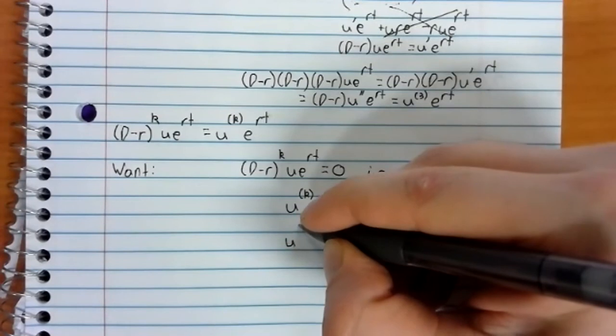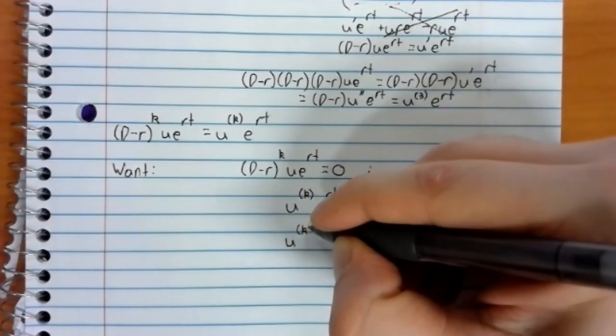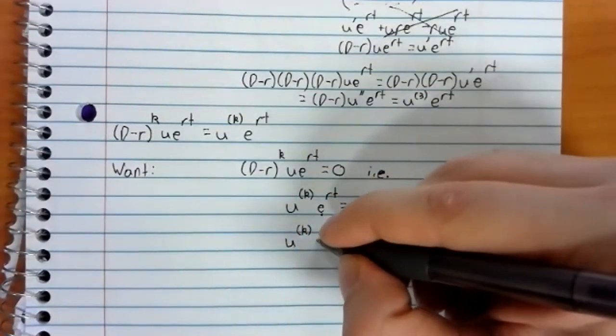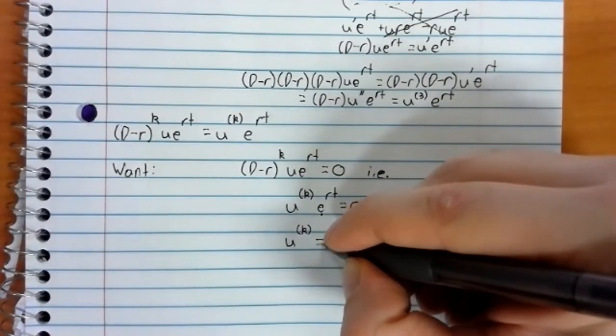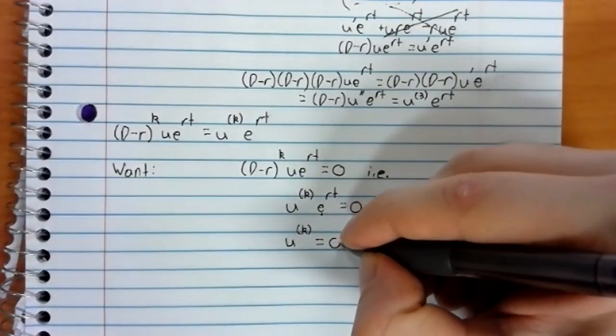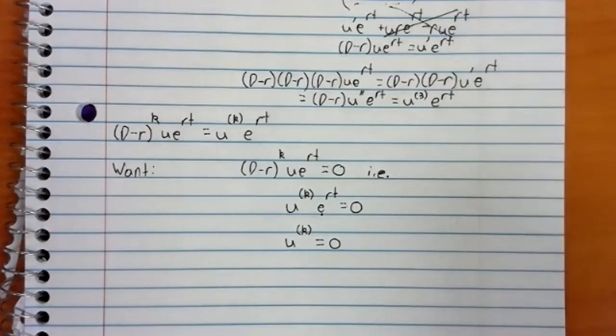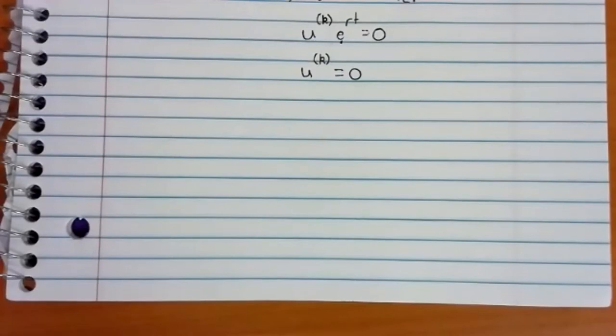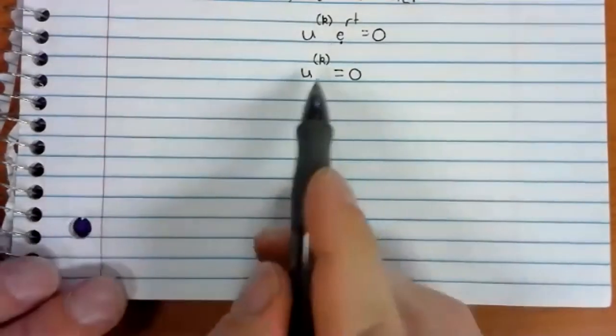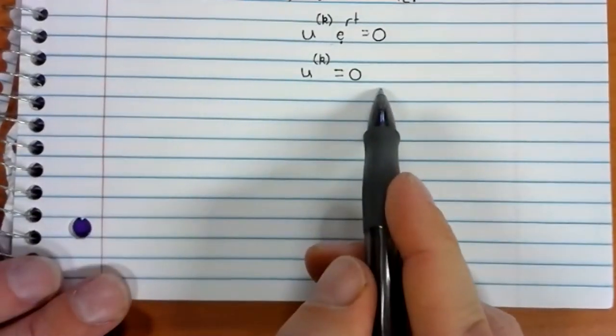What really matters is that it isn't 0. And doing that division gives you the kth derivative of u equal to 0. And this we can solve.